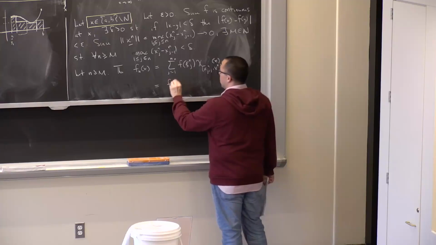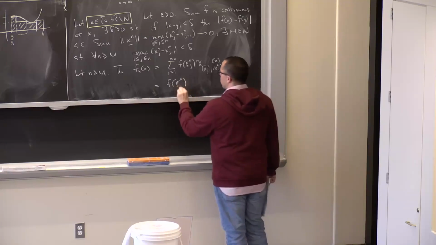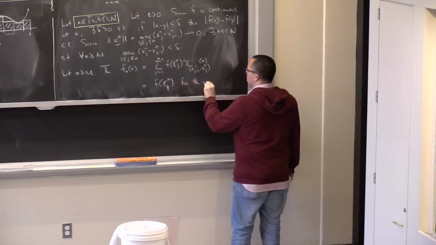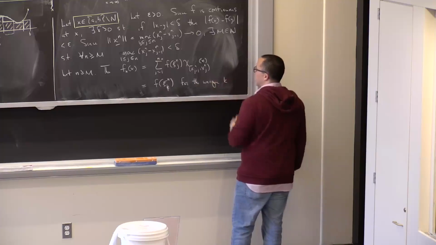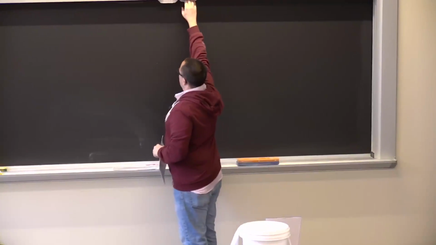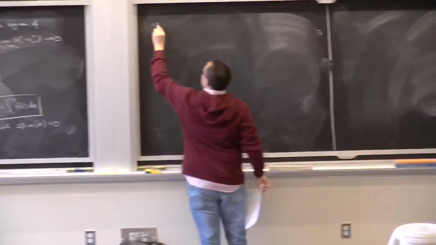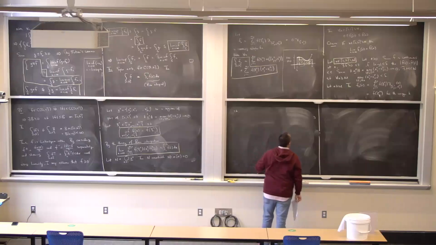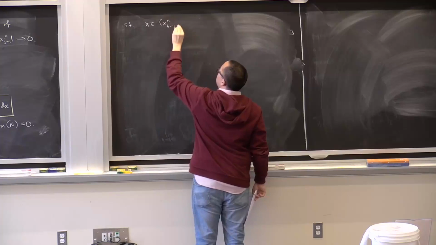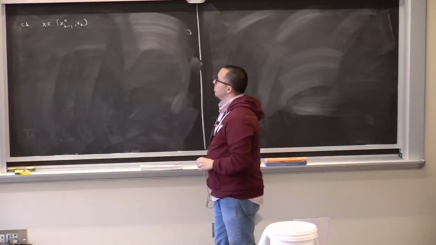So this must equal, this is bad notation, but let's say f(c_k^n), for the unique k such that x is in (x_{k-1}^n, x_k^n). Okay?